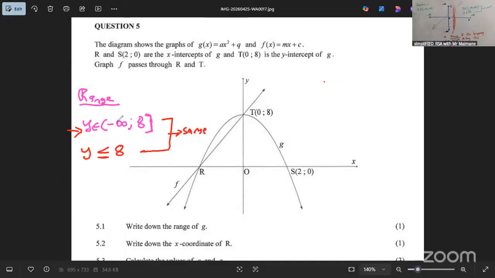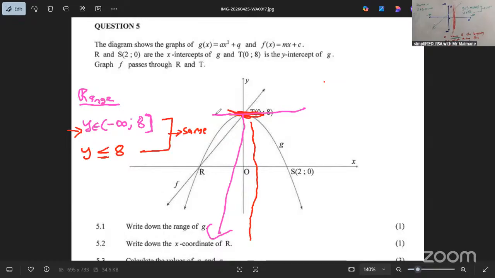Because in the first phase, you are saying this graph starts from negative infinity, then it comes up, and then it stops at 8. And then the other one is saying, no, from 8, this graph just goes from 8, and then anything less is your range. So that's the range. But the whole concept is that the range is the beginning and the ending of your graph along the y-axis.